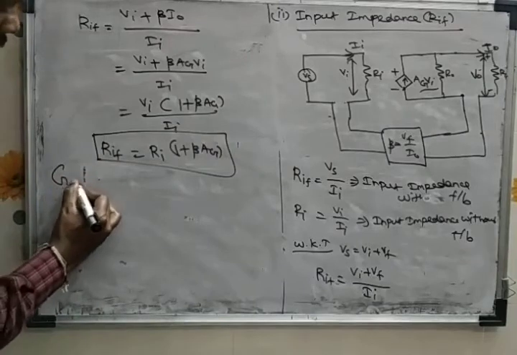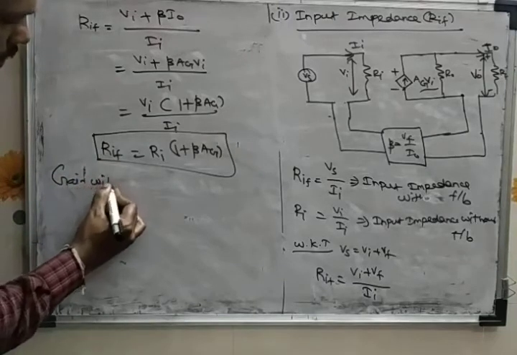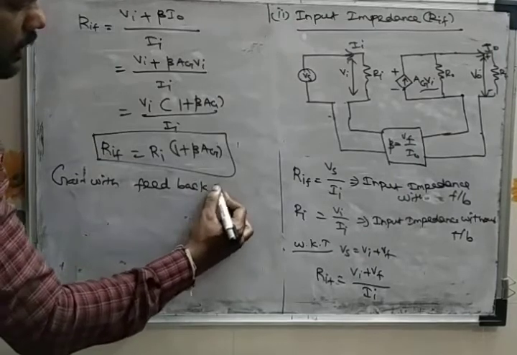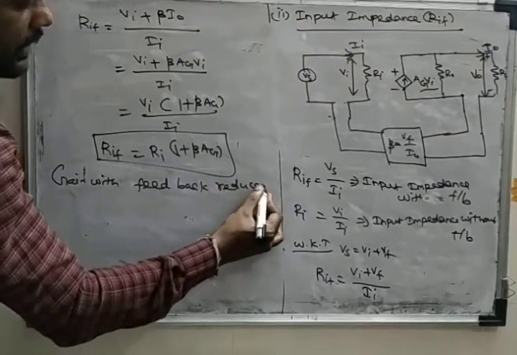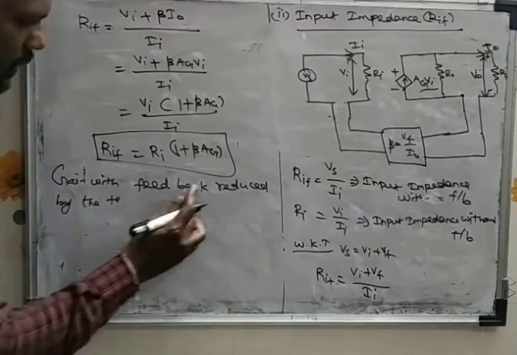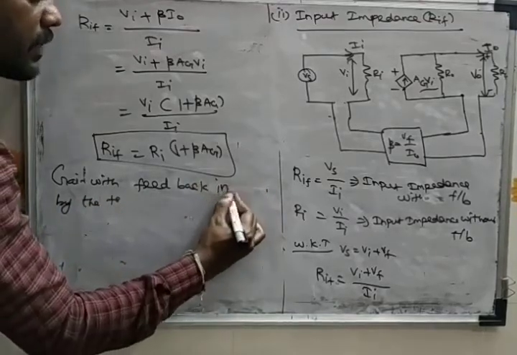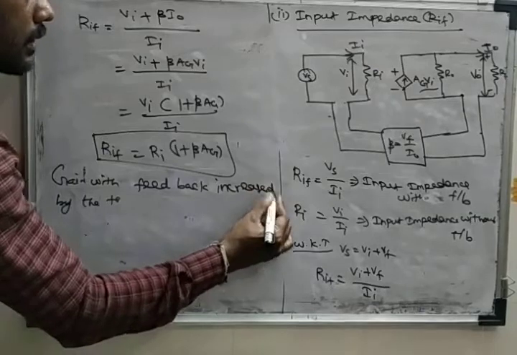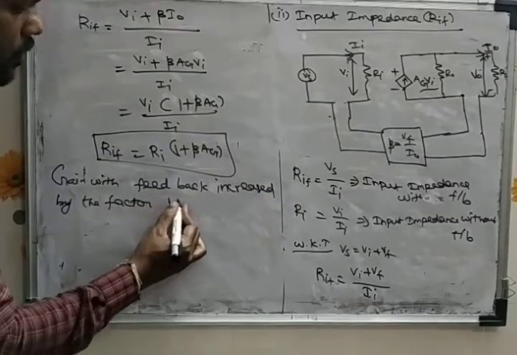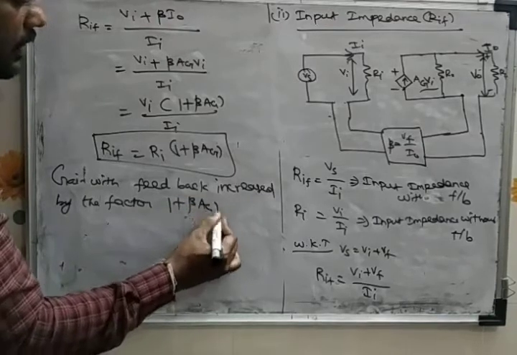So gain with feedback is reduced by the factor, and input impedance is increased by the factor 1 plus beta Ag.